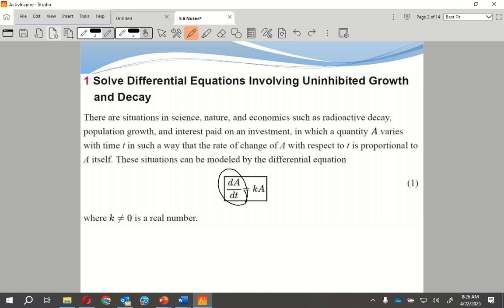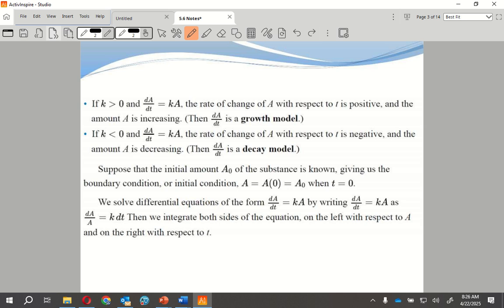Okay, that's what we're going to end up with. If k is greater than zero, then we're going to have a growth model. And if k is less than zero, it's going to be a decay model.